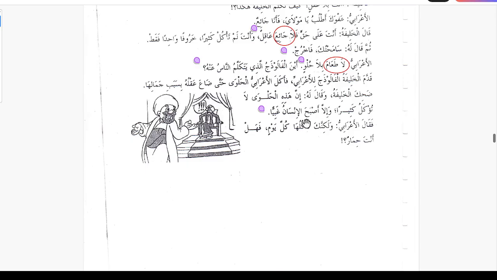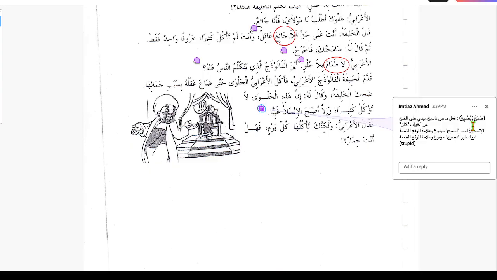Wa illa asbahal insanu gabiyan, and otherwise the man becomes stupid, gabiyan. So asbaha is a sister of kana, fi'lu madin nasikhun mabni al fathi min akhwati kana. It works like kana: ismu asbaha is marfu and khabru asbaha is mansub.